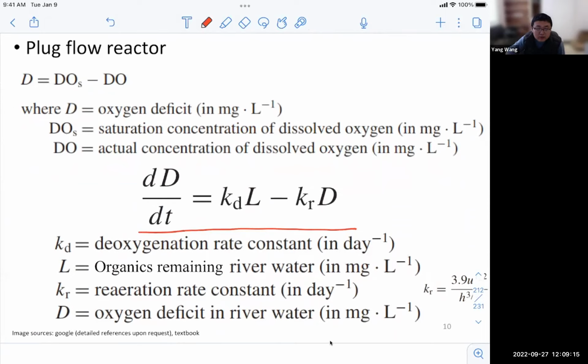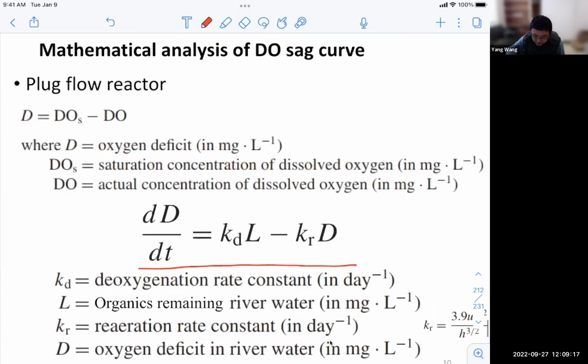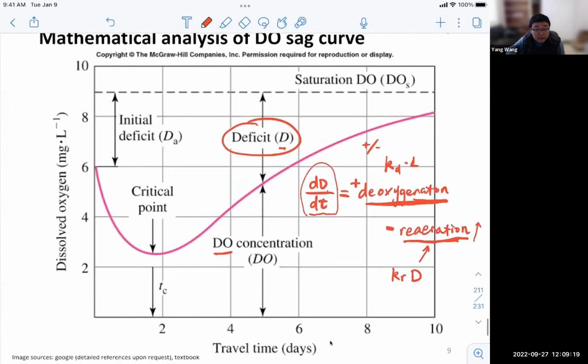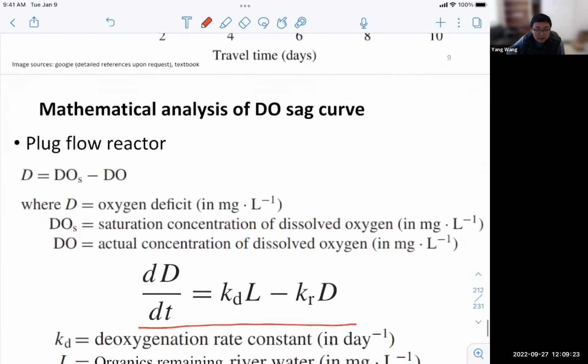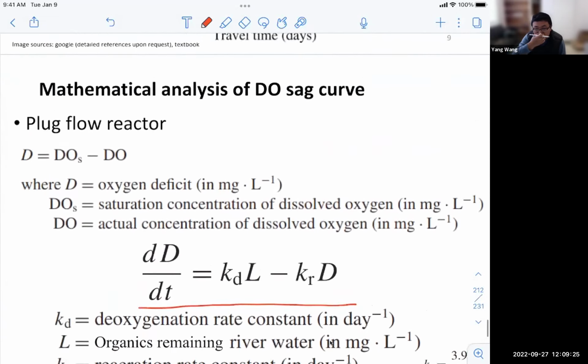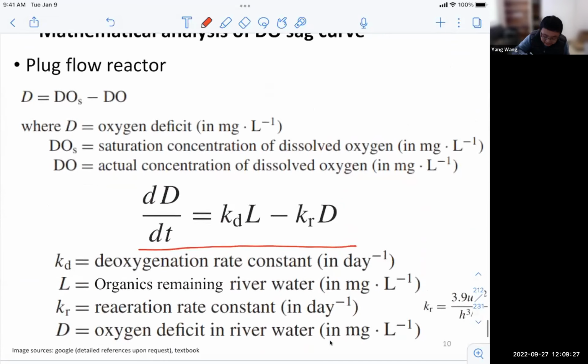So now let's try to solve that, because as we know, our goal is to find a mathematical expression for this DO sag curve. If you look at these terms here, the D is the oxygen deficit, calculated by the saturation dissolved oxygen concentration minus the actual dissolved oxygen concentration. The t here is time.